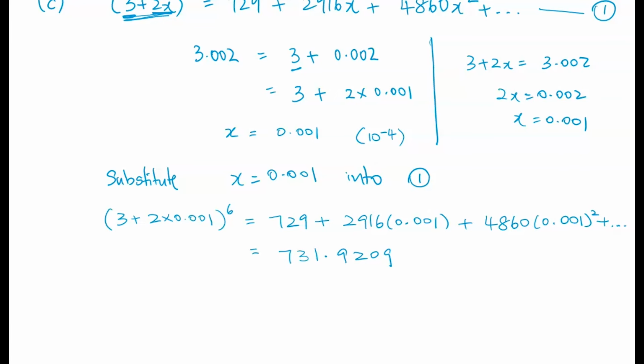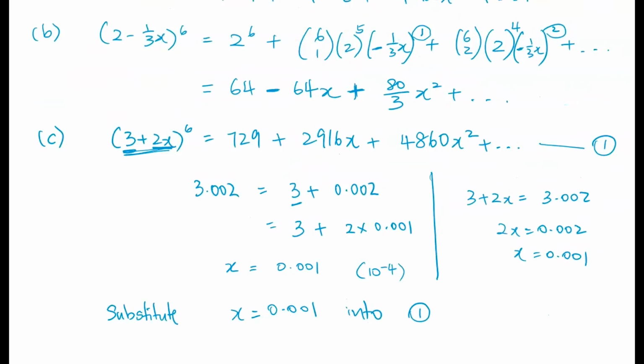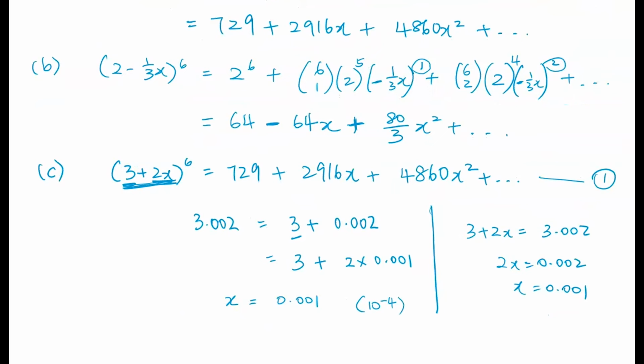Now maybe some of you may be wondering, here when we do our expansion of 3 plus 2x to the power of 6, we know that we are actually going to get a total of 7 terms. But what we have here is just the first 3 terms. Why do we still get the correct answer when we omitted the last 4 terms?